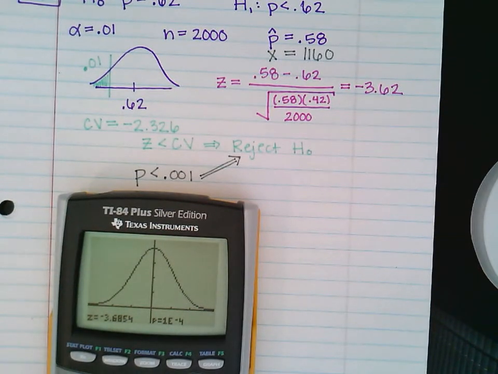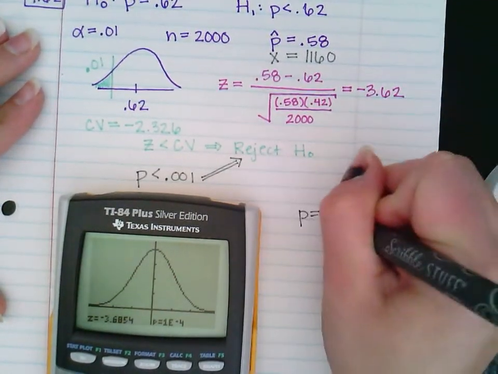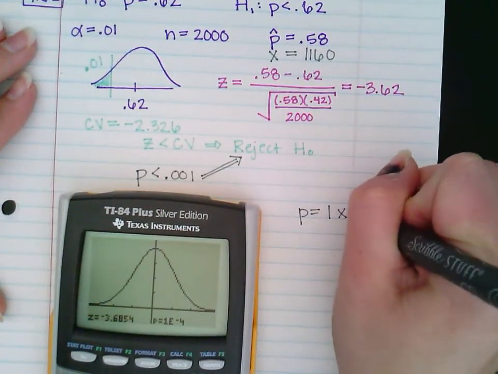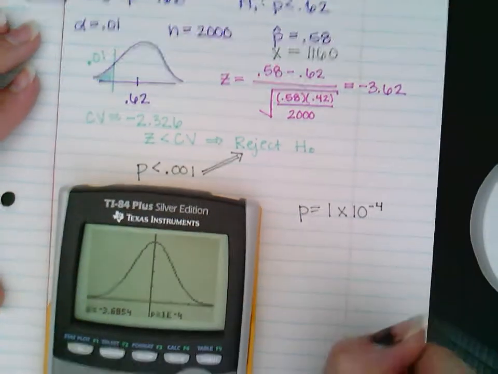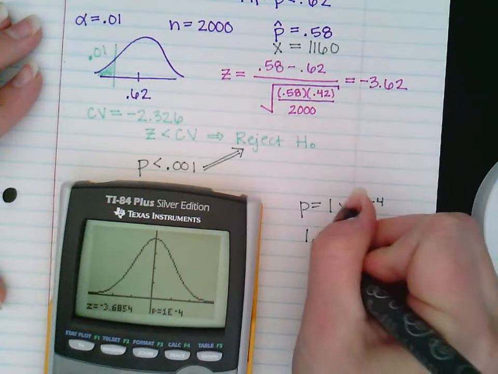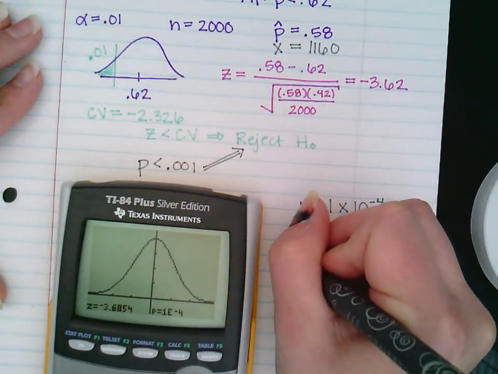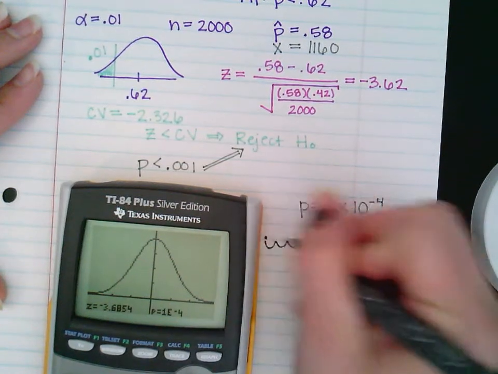Now remember, this E is the same as saying times 10 to the negative fourth. Which means if you have 1.0, you're going to take this decimal and move it to the left 2, 3, 4 times.